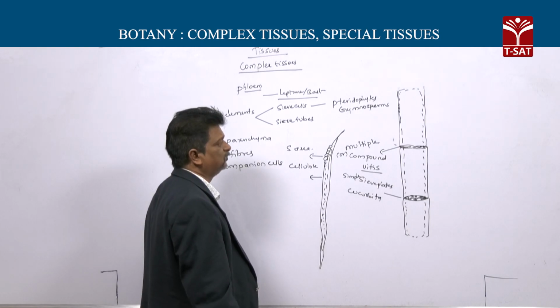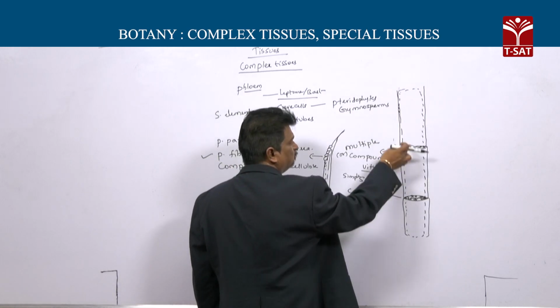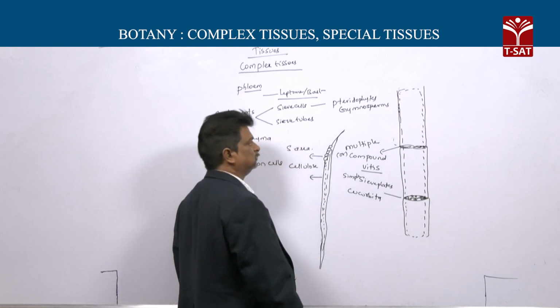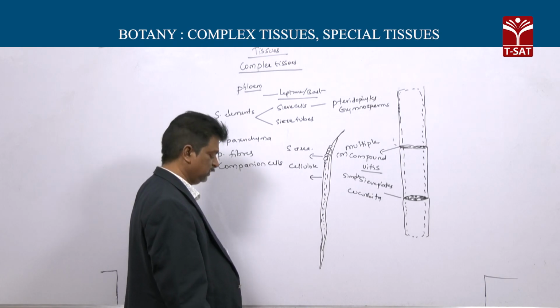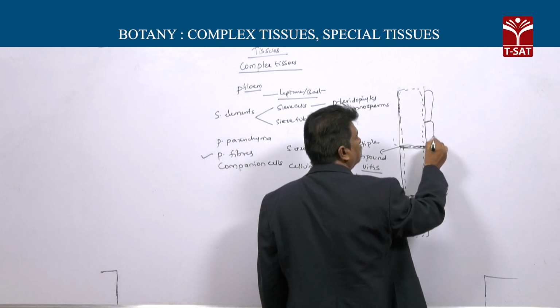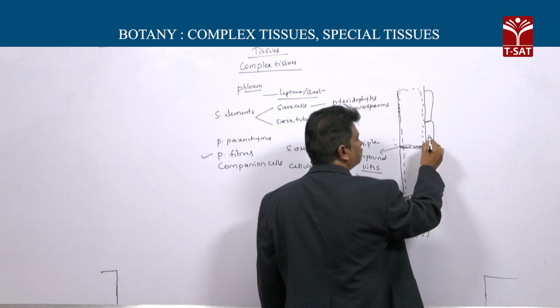They translocate food from one sieve tube to another sieve tube through these sieve areas. Even the sieve tube wall is made up of cellulose. Then associated with the sieve tube, one or two or many specialized parenchymatous cells are present.